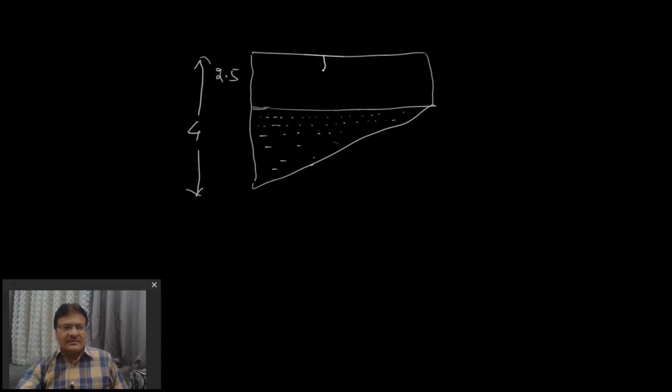A person is standing here such that some part of the body is inside the water and some part is outside the water. Suppose this length is 3. This length is 1.